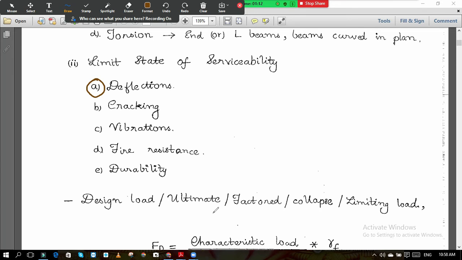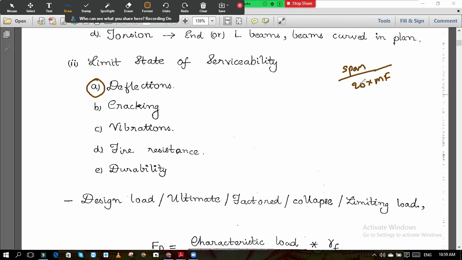Deflection. While designing by limit state method, we have already studied in DCS 1, while designing the slab, you may remember that we have taken the check for deflection. And whatever depth of the slab we take, that is span by 20 into the modification factor, as per IS 456 2000.